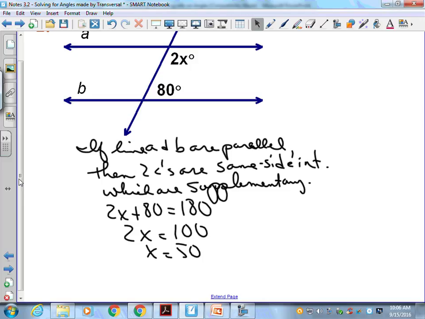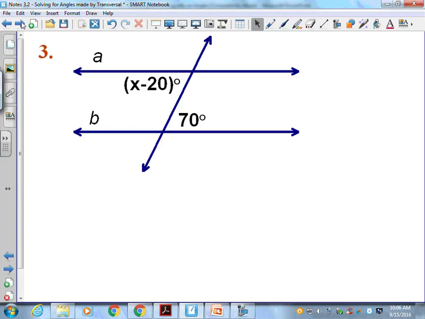Unless I change the names of the lines, like if I talk about D and E, then you'd change those too. But otherwise, you're just changing what kind of angles you have and changing the relationship between the two angles from equal to supplementary, depending on what you've got. All right, how do we feel about this so far? All right, then y'all do this one.